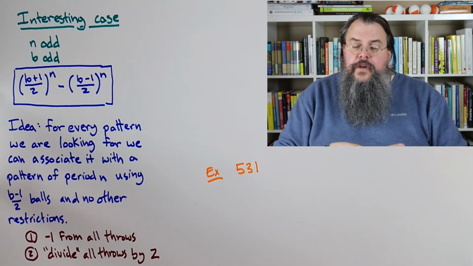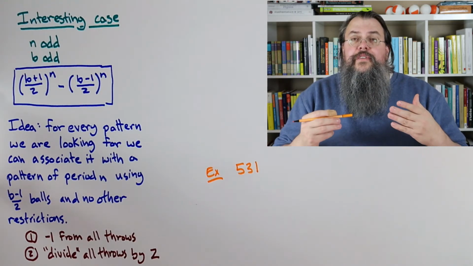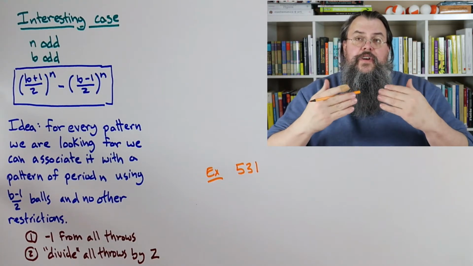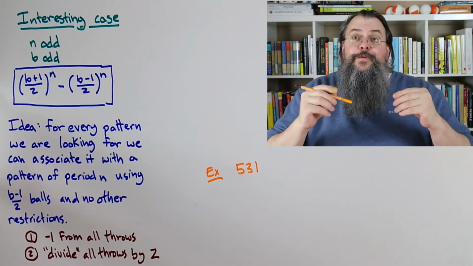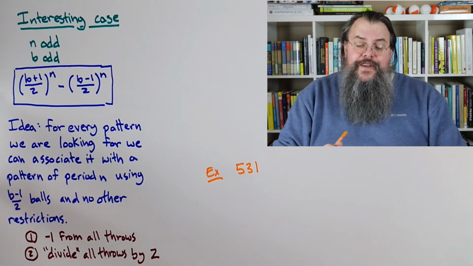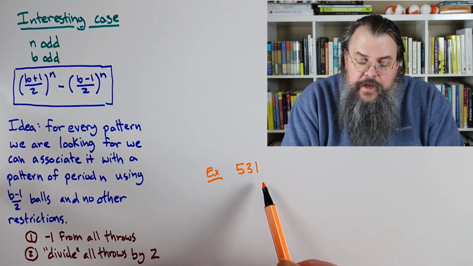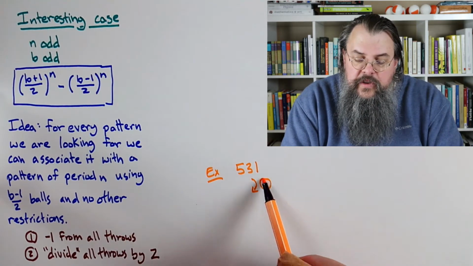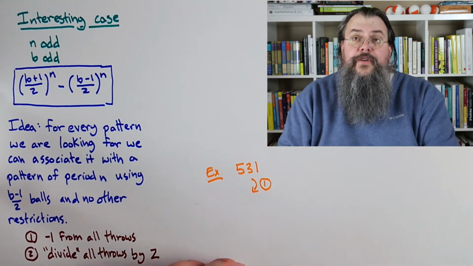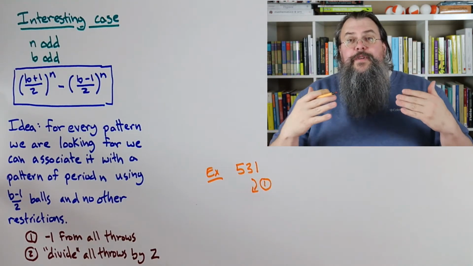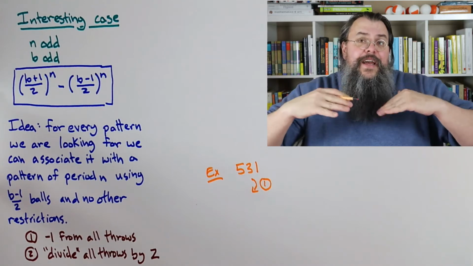Well, here's sort of our thought process. We look at ways that we can manipulate our pattern. So step 1 is we'll subtract 1 from every throw. And the good thing is, because they're all odd, I don't have to end up with a negative, because I don't have 0.